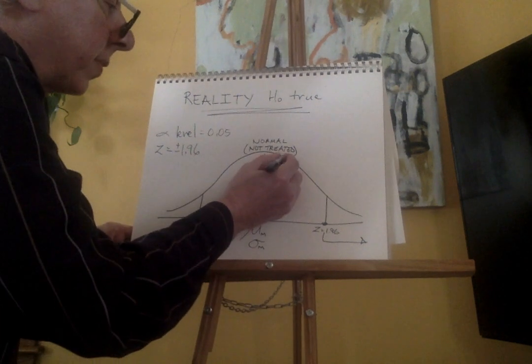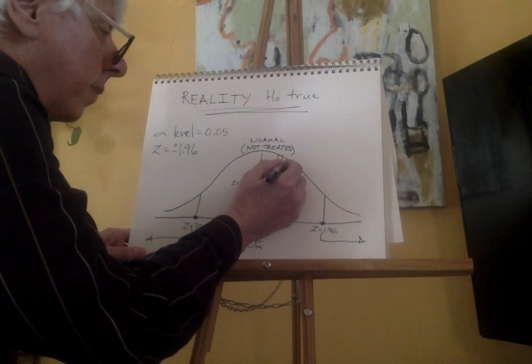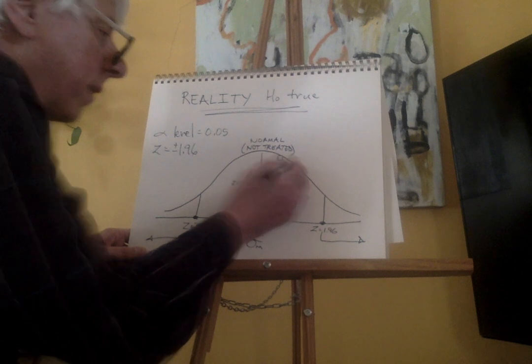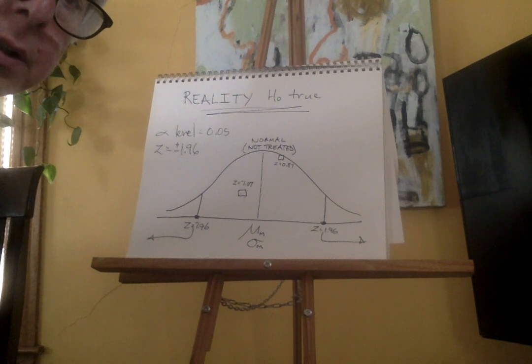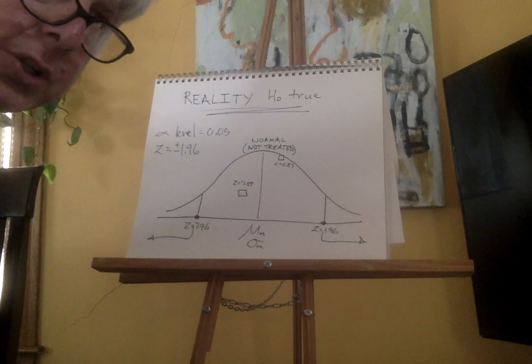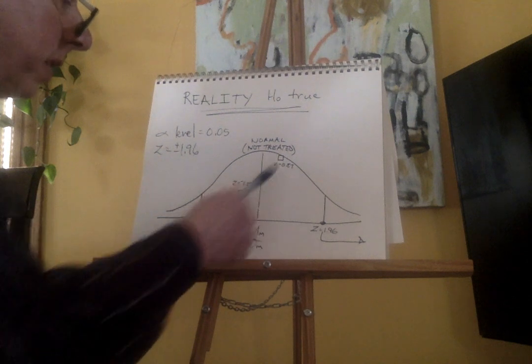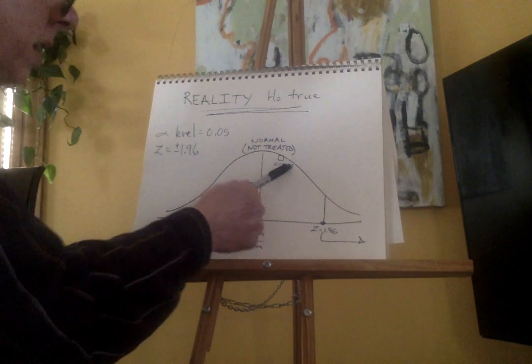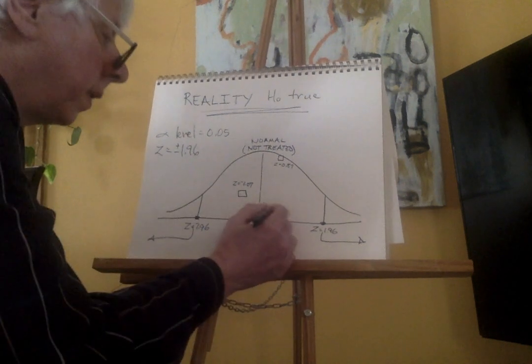If the researcher pulls out this mean, here's a z-score of 0.87. Reject the null or fail to reject? You'd fail to reject the null, right? Because it doesn't go into this area. You fail to reject here, you fail to reject here. If you fail to reject and the null is true, we're good to go.